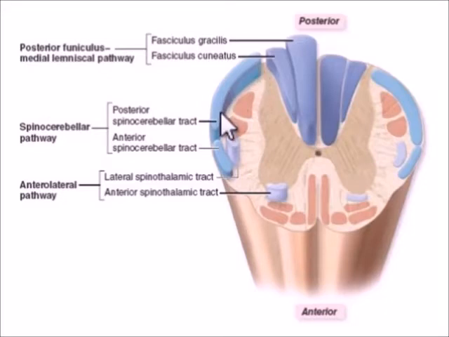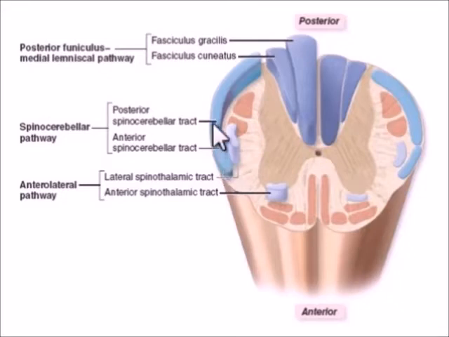The posterior spinocerebellar tract and anterior spinocerebellar tract come from the lower part of the trunk and lower limbs.